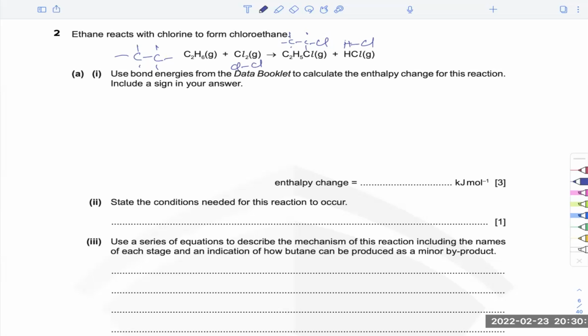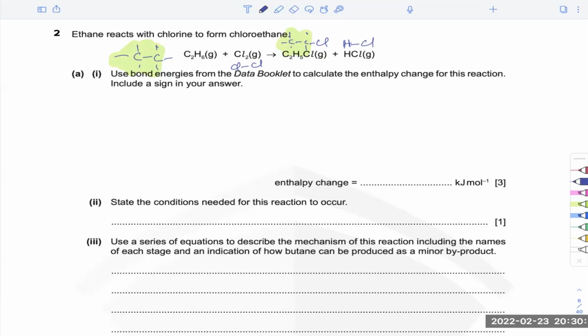Now, while I can just go on and calculate all the bonds broken and all the bonds made, I wouldn't do that because I don't want to spend so much time on that. If you notice, 5 carbon hydrogen bonds are unaffected during the reaction. Like these 5 carbon hydrogen bonds, unko kuch fark nahi pada. They're broken, they're made. What does it even matter? So I'm not going to concern myself with that.